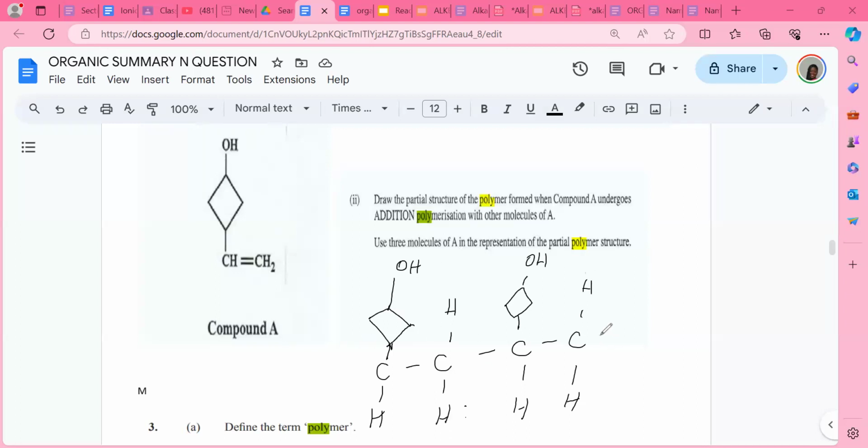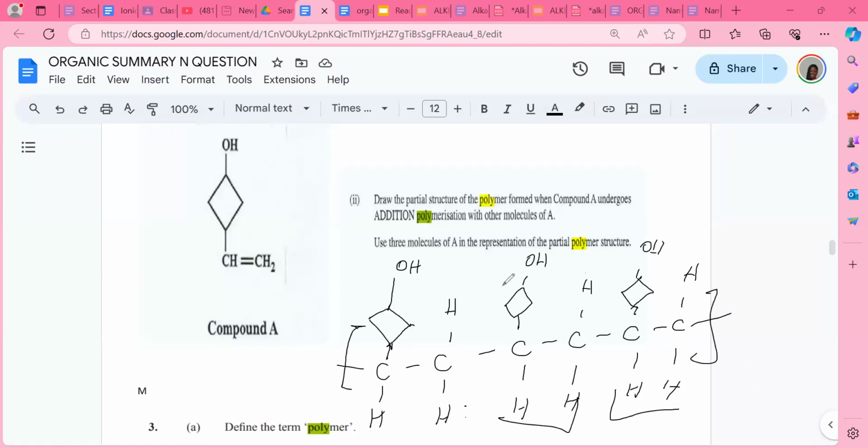I've used 1, 2. So I need to draw a third. These are my 3 molecules. That's my partial polymer right there.